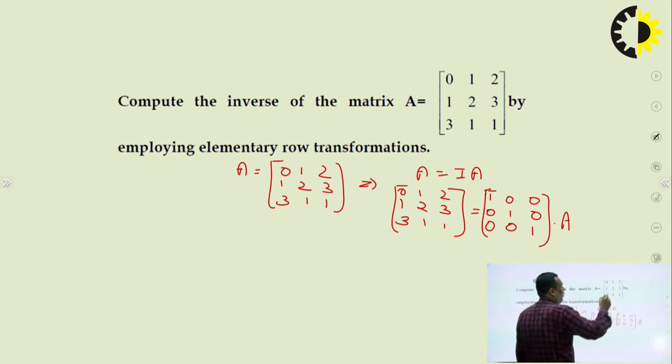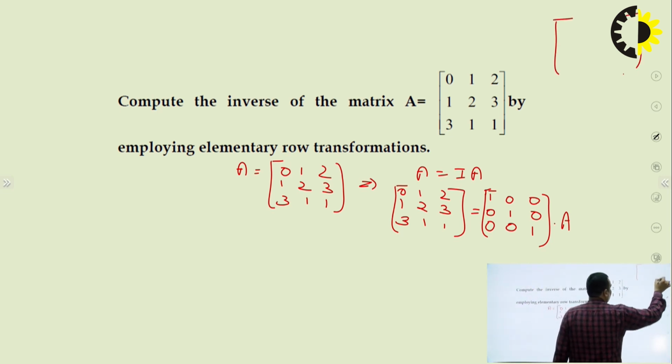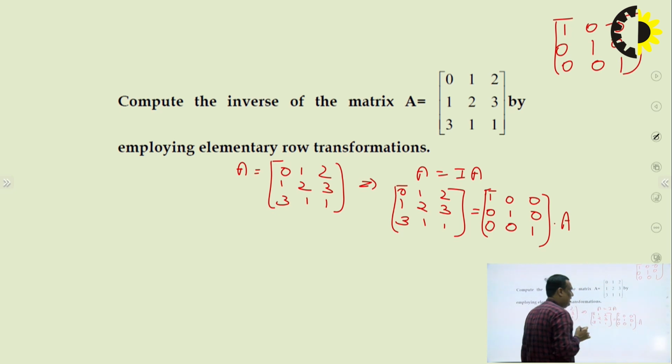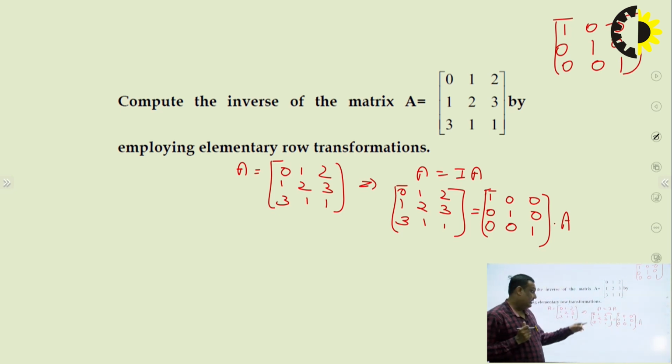Okay. Now the main focus of our inverse of matrix is the unit matrix. So how do we convert a given matrix into the form of a unit matrix? Just focus, the first entry should be 1. Is it 1 here? No, here it is 0. So what will we do? Just focus, the second row first entry is 1.